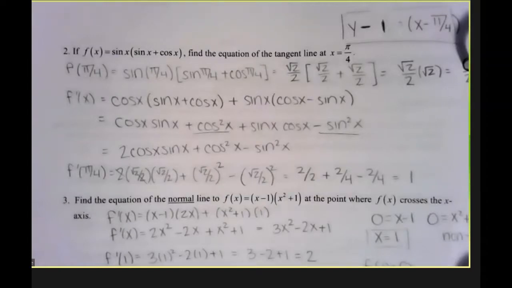Upon finding your derivative, you had to plug in pi fourths to the derivative and get your final answer of a slope of 1. So this is why I continue to stress the importance of really knowing your unit circle, because we are oftentimes plugging in unit circle values to simplify and get down to a unique answer.